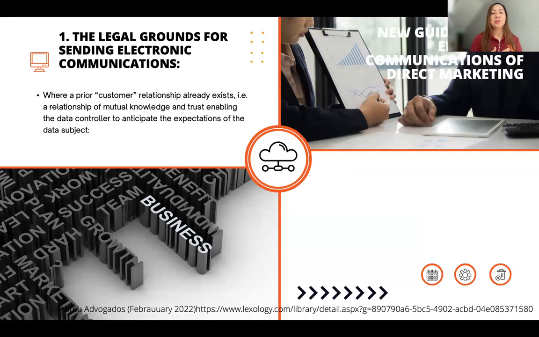So prior customer relationship already exists, a relationship of mutual knowledge and trust enabling the data controller to anticipate the expectations of the data subject. So the data subject is aware already that they will receive electronic communications like this.